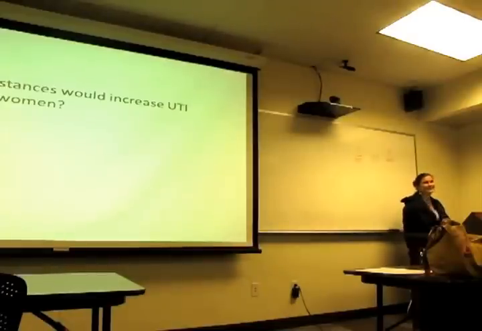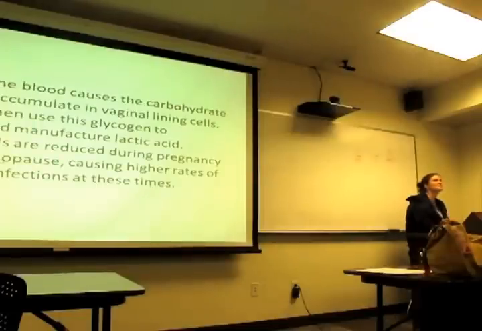Why? Oh, estrogen. No, it's your study. You tell me. Folic acid. Yeah, it helps produce the acid, to make that environment acidic. Estrogen in the blood causes the carbohydrate glycogen to accumulate in the vaginal lining cells.